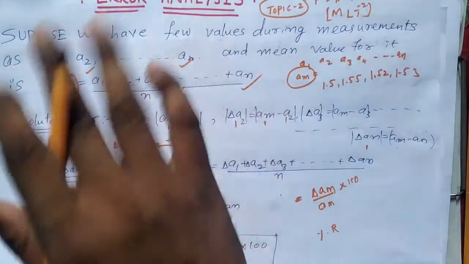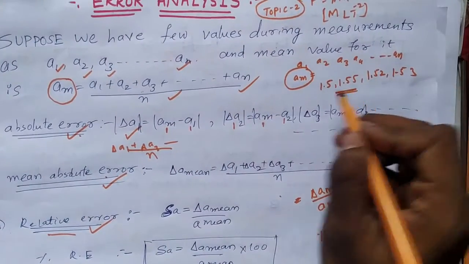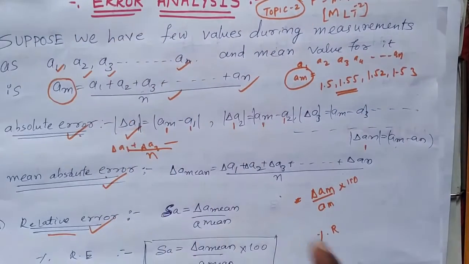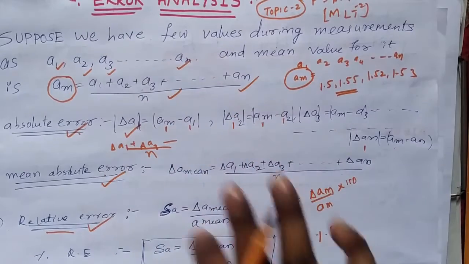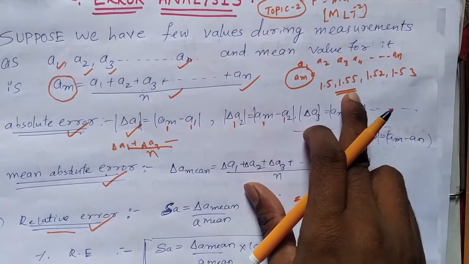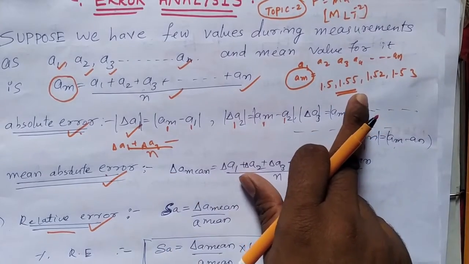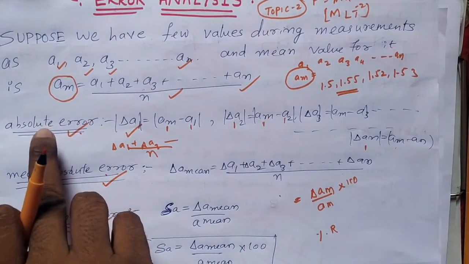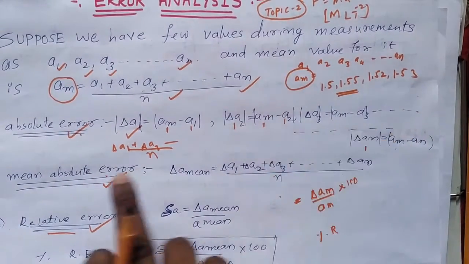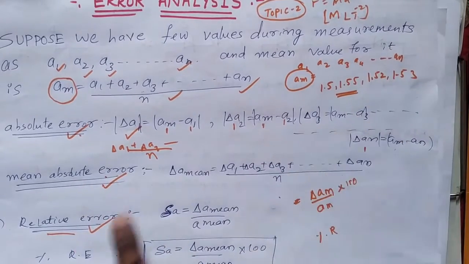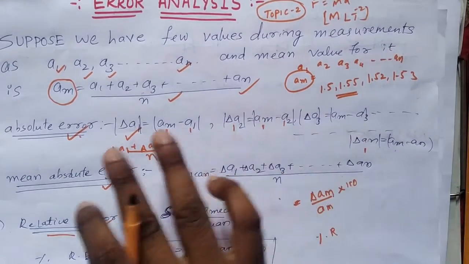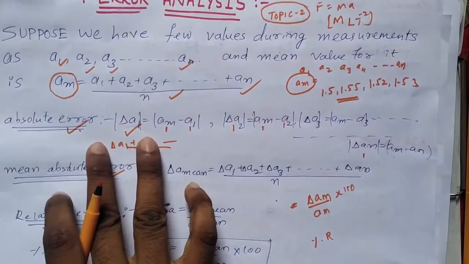Again, I am not going to solve this problem. This is very simple. Please go through all the concepts I have discussed and solve it. You have to calculate the mean value for these 4 values, the absolute error for these 4 values, the mean absolute error, and the relative error. Please comment the answer.